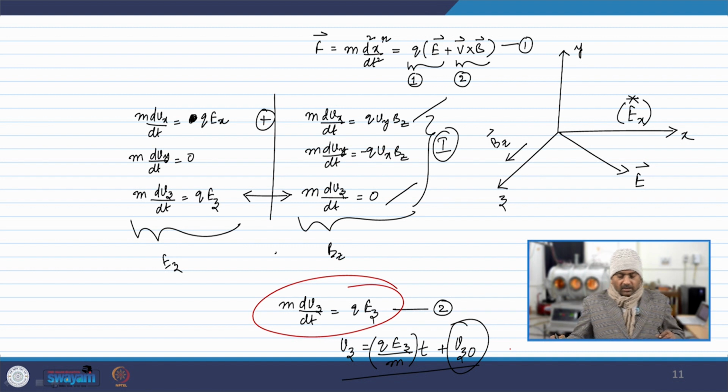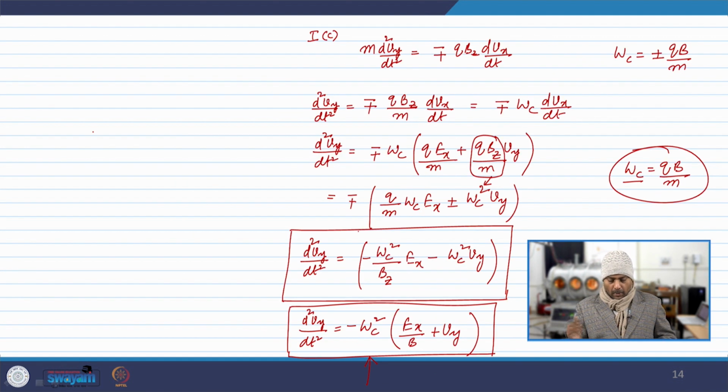Along the z direction it is only electric field which is acting, and along the y direction it is only the magnetic field which is acting. But along the z direction you have the net acceleration dependent on the magnitude of electric field and the magnetic field. So, that is why in your equation on the right hand side you have both.